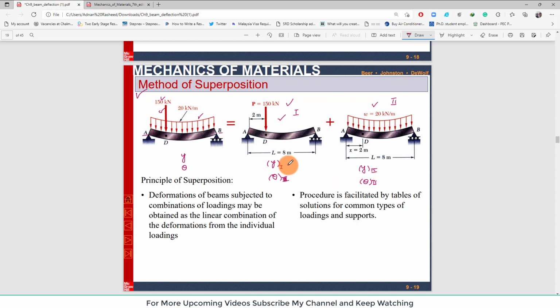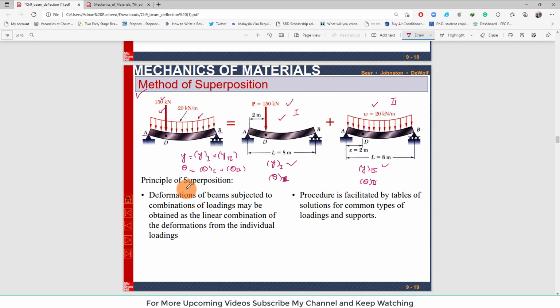Now the sum of the effects of loading 1 and loading 2 will be equal to the total deflection of this beam, that will be equal to y1 plus y2. Clear? And similarly the slope will be the slope due to loading 1 plus the slope due to loading 2.